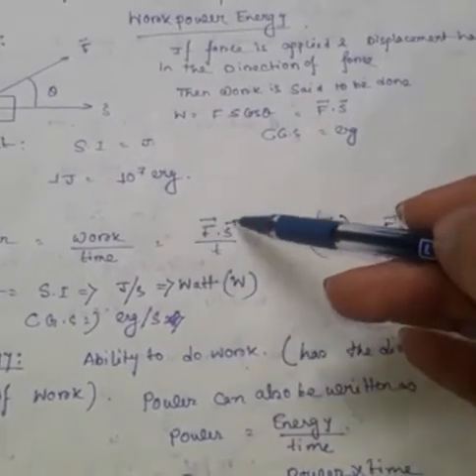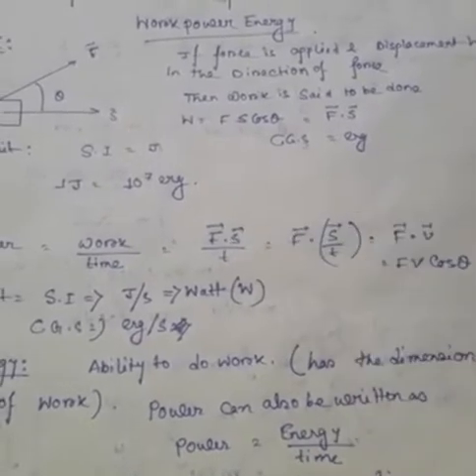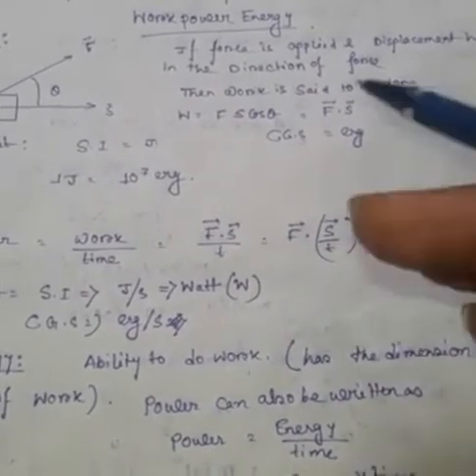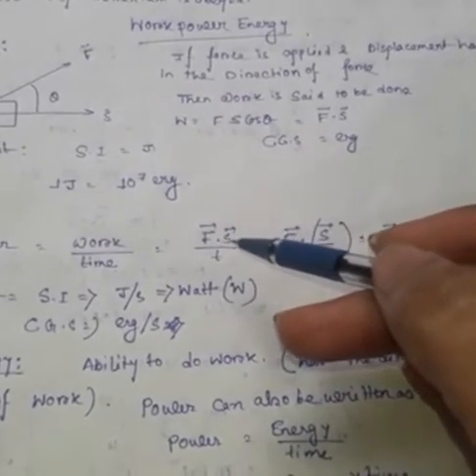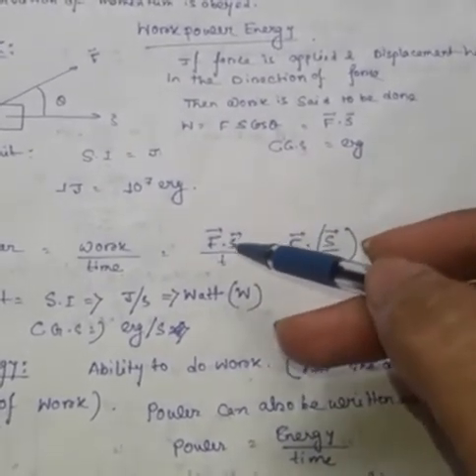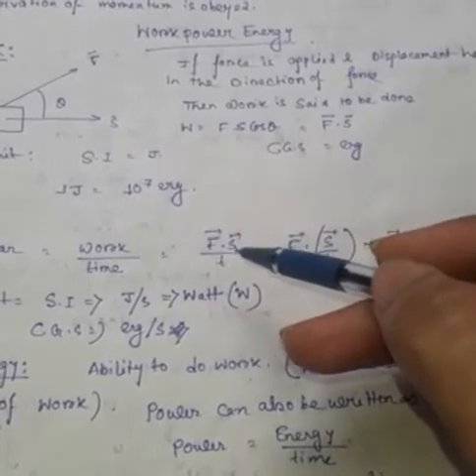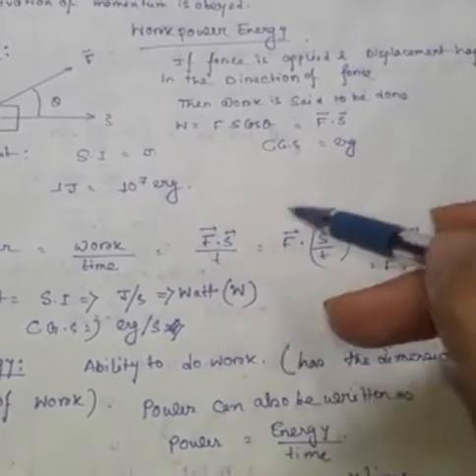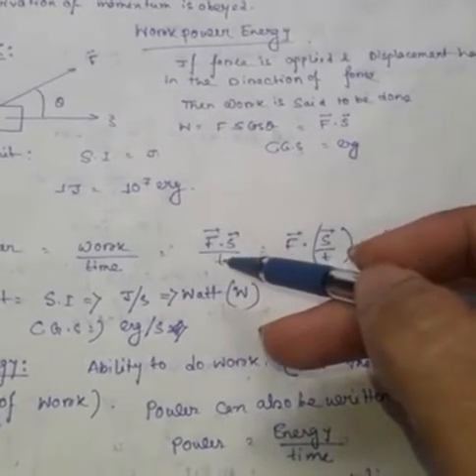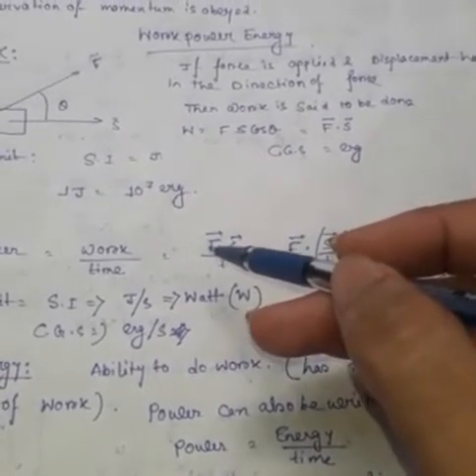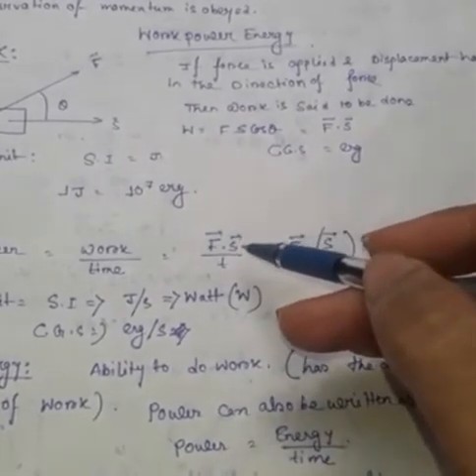And as we know, work done is force into displacement, or precisely, since force and displacement are both vector quantities, the dot product between force and displacement, divided by the time. So this time is a scalar quantity, and it can operate on force as well as on displacement.